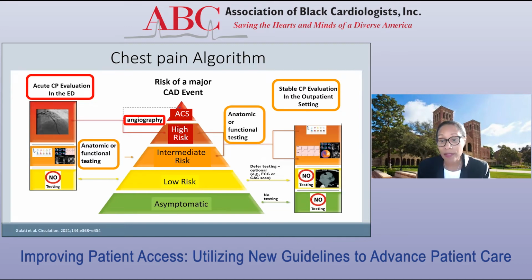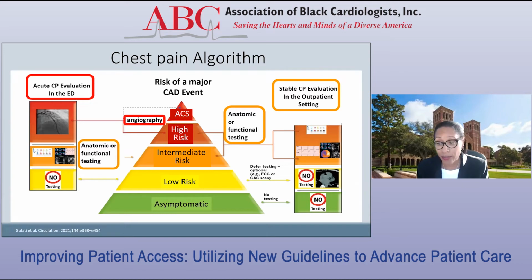Now, if you have the stable patient in the outpatient setting, even if they're high risk, if the pre-test probability is so high that this is acute coronary syndrome or coronary disease, you're going to go directly to angiography. But if it's not certain, if they are in an intermediate risk probability, you're going to want to do anatomic or functional testing.